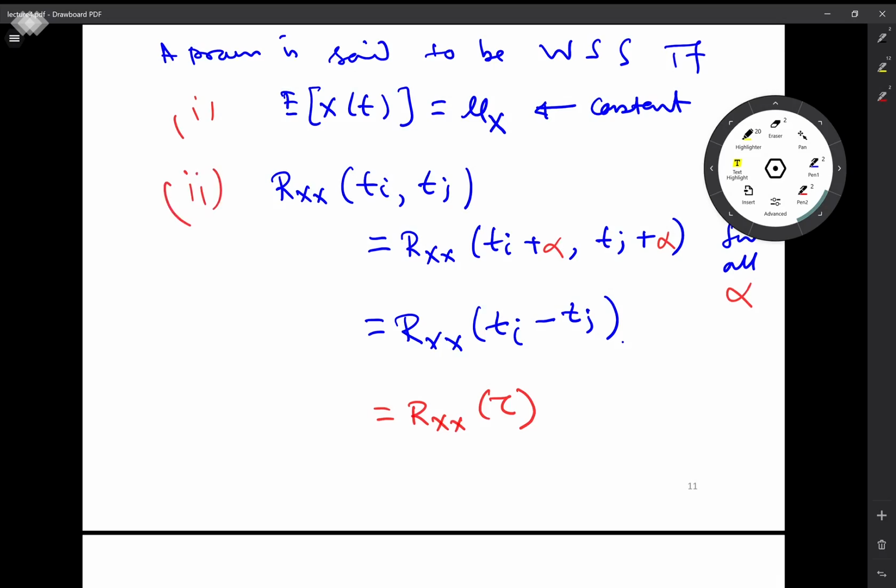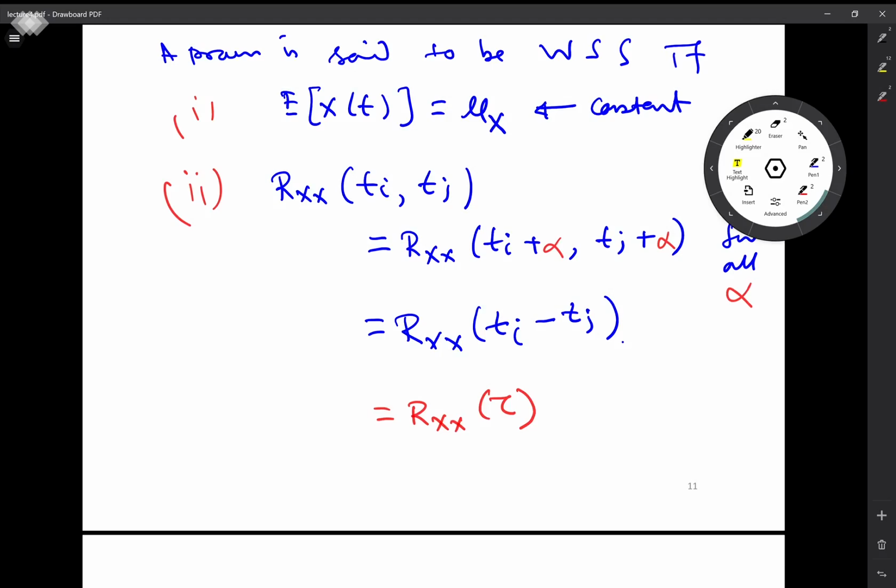So again, let me tell what the two conditions are. The first condition is that you take any time and do the ensemble average. You will get a fixed number, not a function of time. Whatever time you take, you get the same number every time. Next, you take two times and the ensemble, and calculate the autocorrelation. Then you take another two times and calculate the autocorrelation.